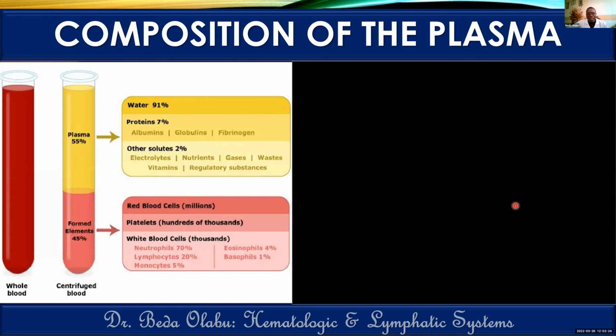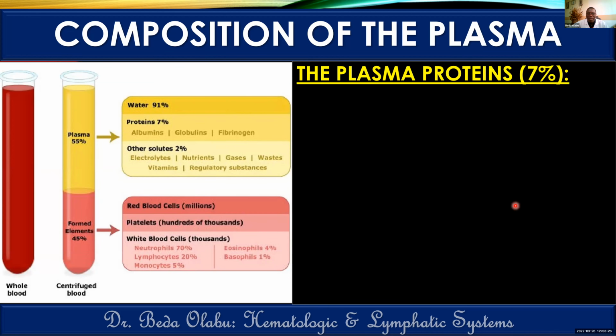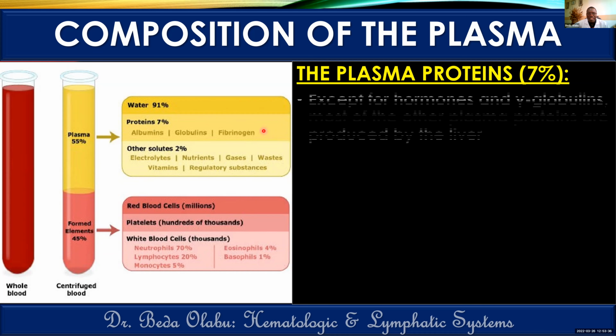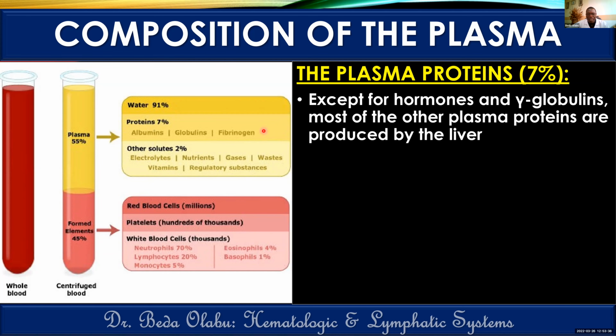Let's say something more about the plasma proteins, the ones that occupy 7% of the whole plasma. We have different types of plasma proteins. Now, generally, the proteins within the plasma largely come from the liver.